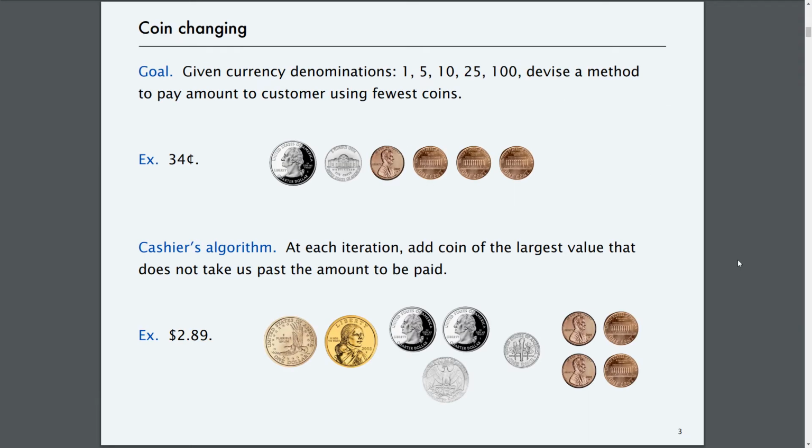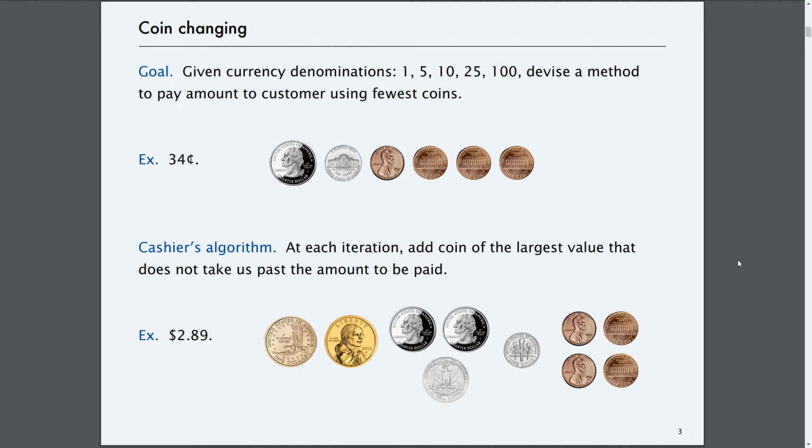You have some currency denomination, and a standard one is one with a penny, nickel, dime, quarter, and 100 cents. And we're supposed to devise a method to pay the customer back using the fewest coins.